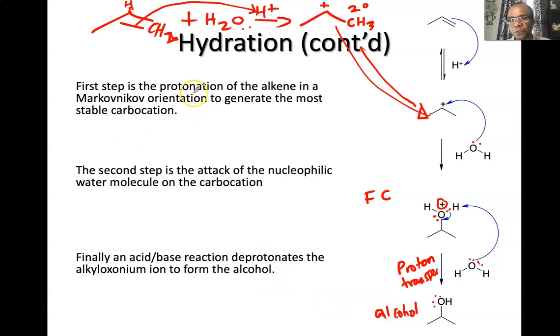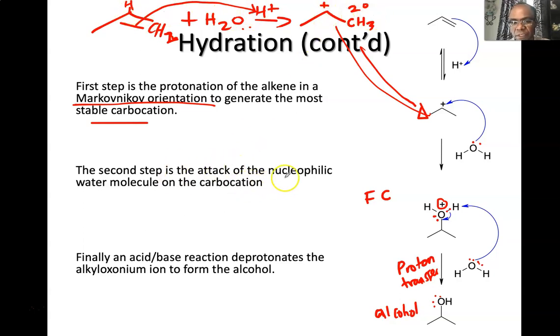Okay, so first step is protonation of an alkene in a Markovnikov fashion, where the H plus ends up on the sp2 carbon of the alkene that has more hydrogens. And you make a carbocation because once you use the pi bond to grab that, the other sp2 carbon will bear a plus sign.